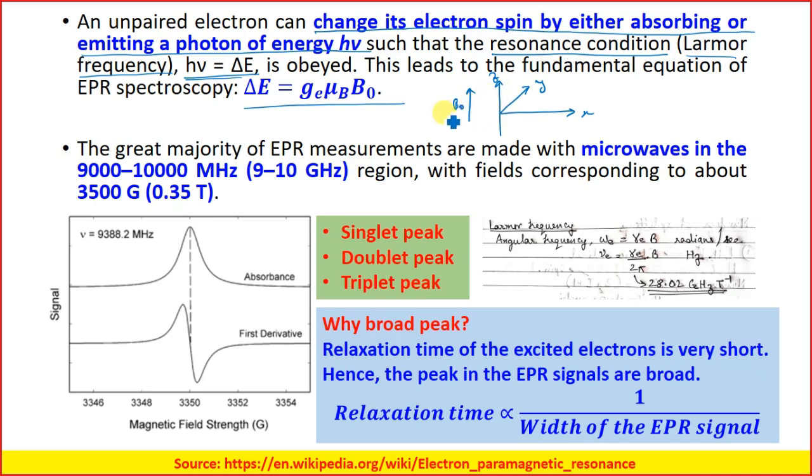So when you apply the B0, they try to move, and as we said, there will be a net magnetization vector due to the spinning of the electrons, which will be favoring the B0.